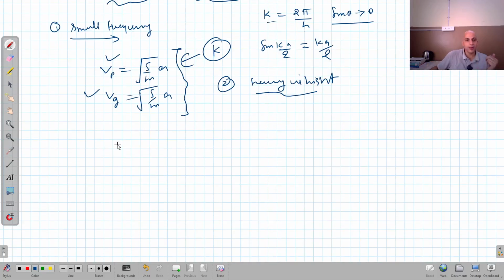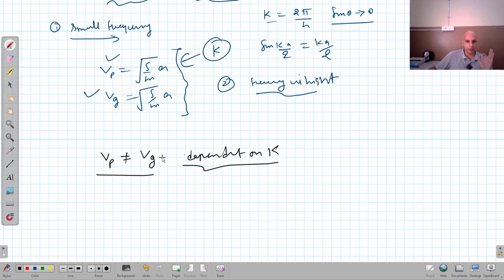So when I simplify it and calculate the phase velocity and group velocity, I will find that group velocity and phase velocity are not equal, and also they are dependent on K, right? I'm not writing the expression, but we have to remember they are dependent on K. It means in this particular case, we will get dispersion.